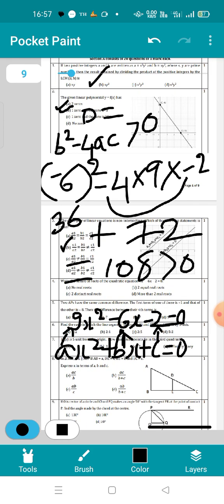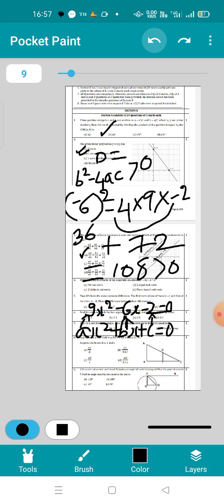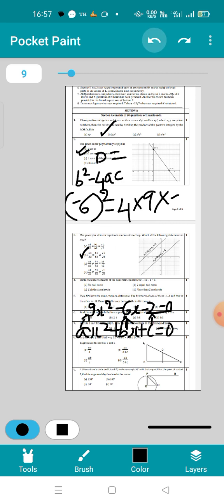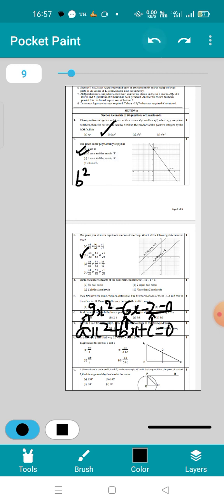Here we have got the value of b square minus 4ac as 108, which is greater than 0. Therefore the type of roots that will exist for the given quadratic equation are real and distinct.